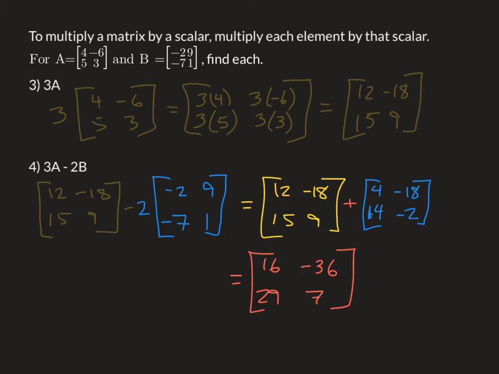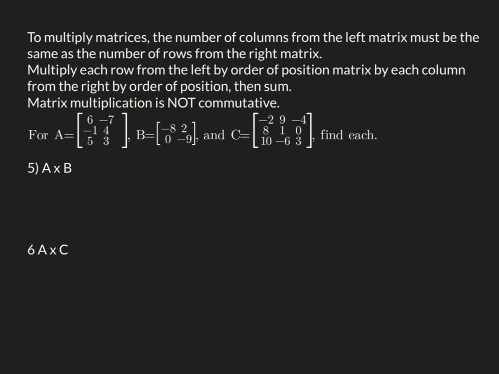All right, one more thing that we can do with matrices here. When we have two matrices and we want to multiply them together, now this is pretty unique. The number of columns from the left matrix has to be the same as the number of rows from the right matrix. If they're not, then we cannot do multiplication.